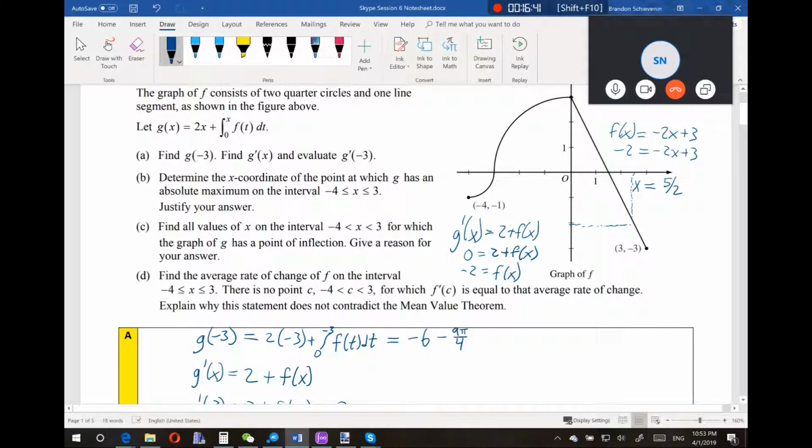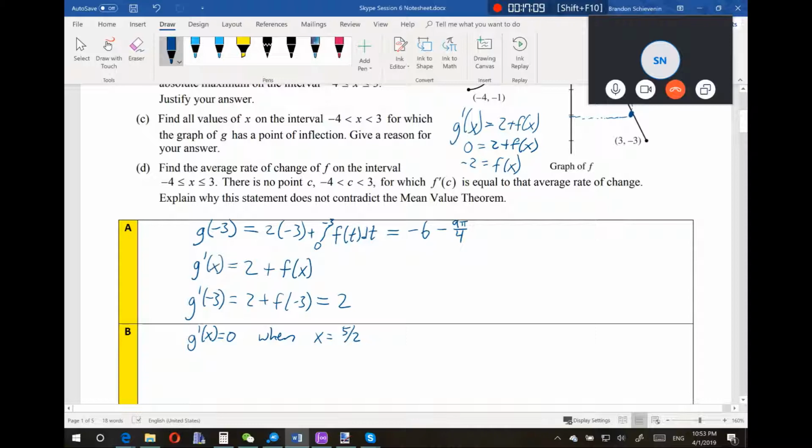So looking at our equation, g prime at x is 2 plus f of x. Before this point, would g prime at x be positive or negative? Positive. Okay, what about after this point? Negative.